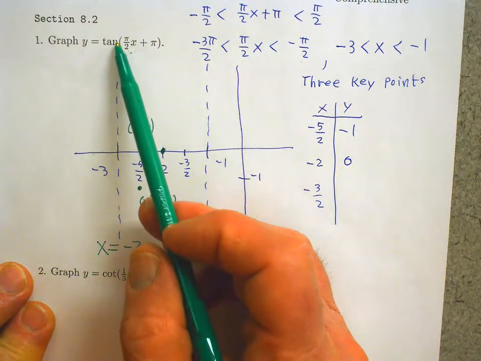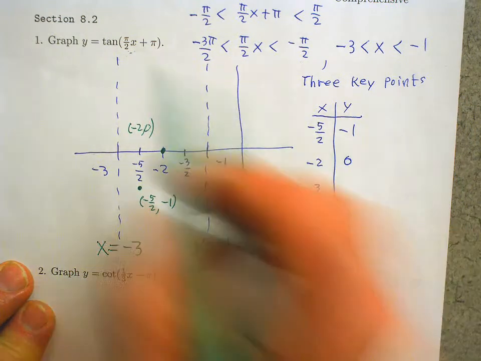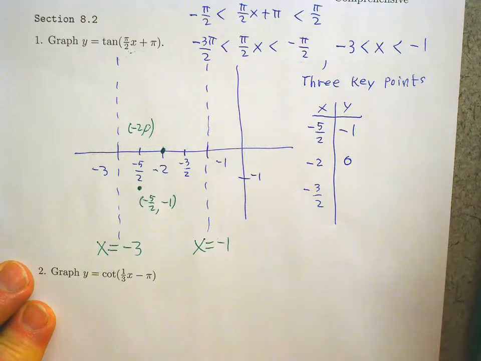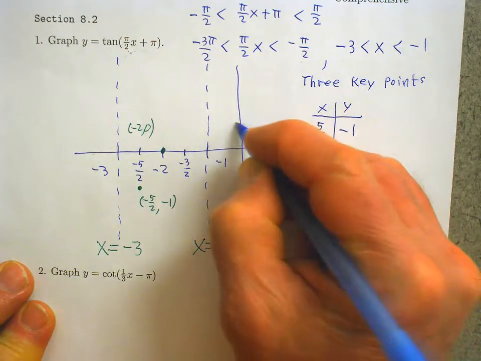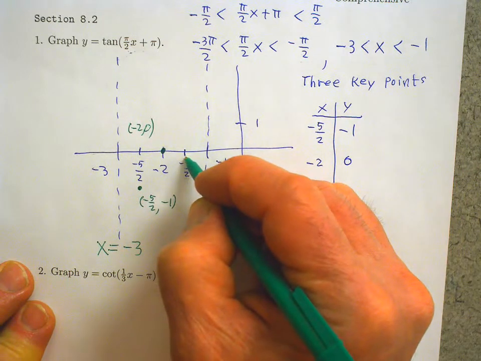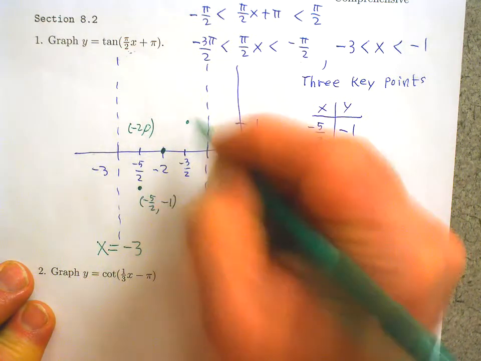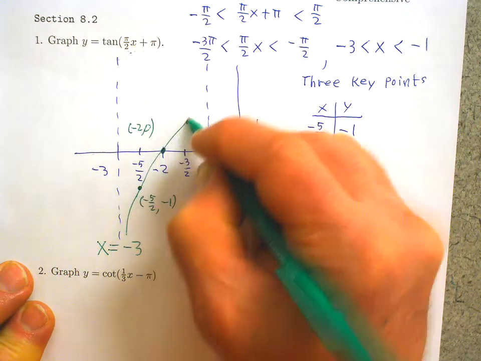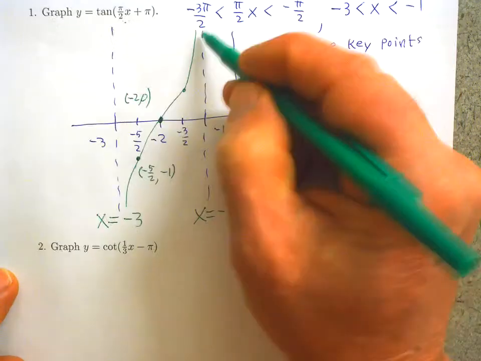And negative 3 pi over 4 plus pi is pi over 4. And tangent of pi over 4 is 1. So the y-coordinate is 1 on this one. Okay, so when x is negative 3 over 2, the y-coordinate is 1. And then do the sketch of the graph. It's a rough sketch.